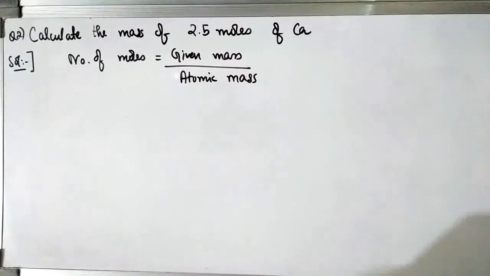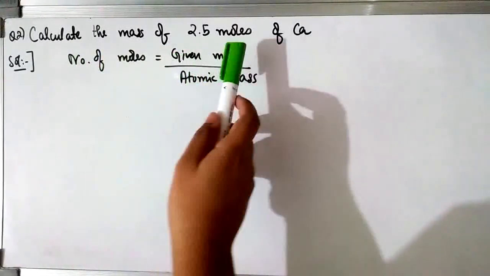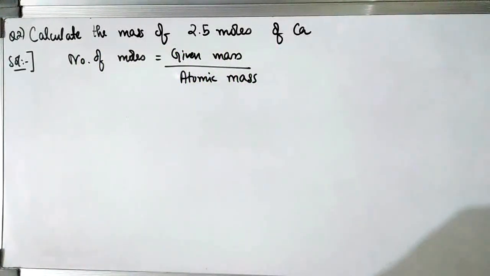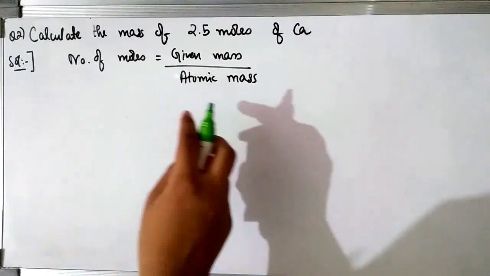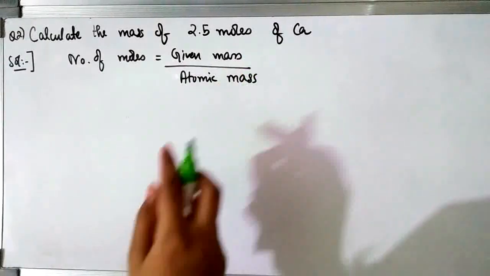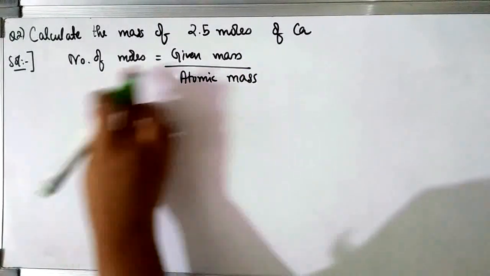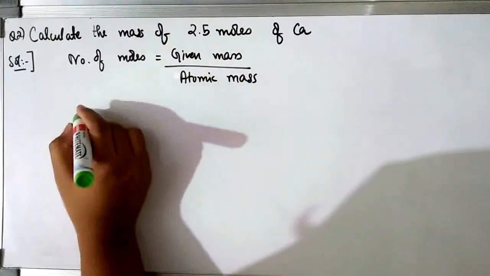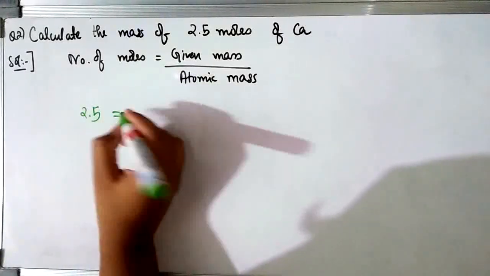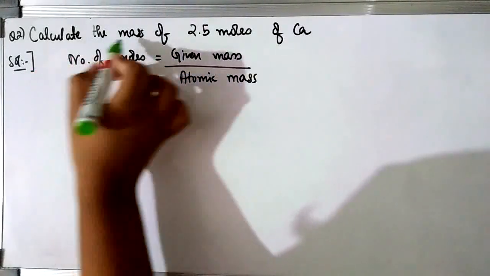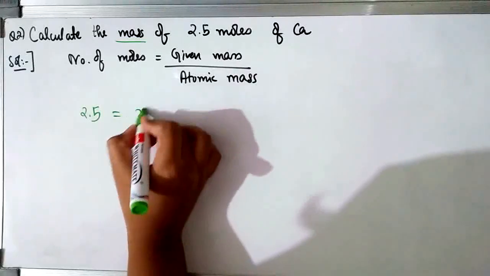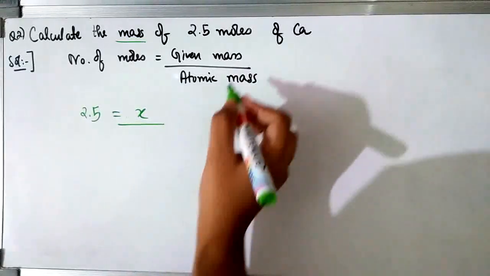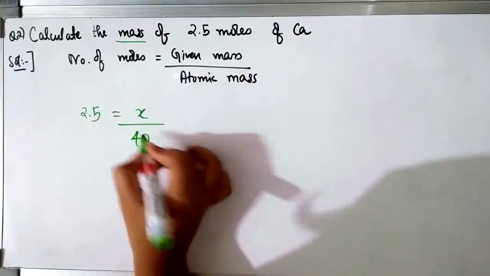So in the second question, we are going to calculate the mass of 2.5 moles of calcium atom. So we are going to use the same formula, and we are going to see which of the values are given and find the rest of the values. So they have given us moles. So in place of moles, you can put 2.5 moles, equal to the given mass. Now we need to calculate the mass. That is what we need to calculate. So let us consider that to be x, and the atomic mass of calcium is 40.